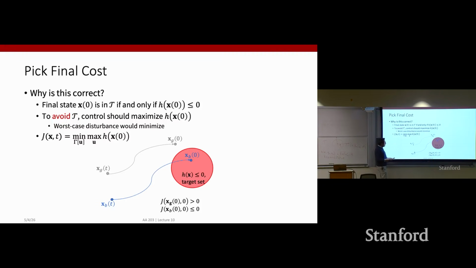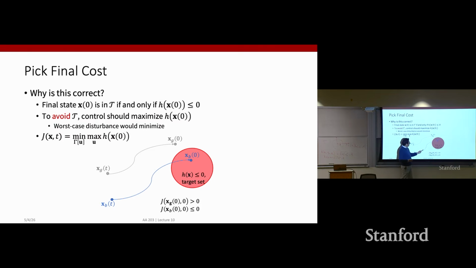So this is an example where the avoidance set is this red circle. For this trajectory here, the cost is positive, since the final point is outside of the avoidance set, which means that h, the final cost, is positive.